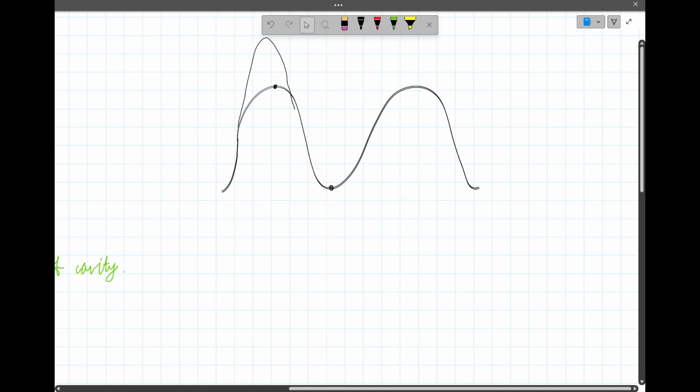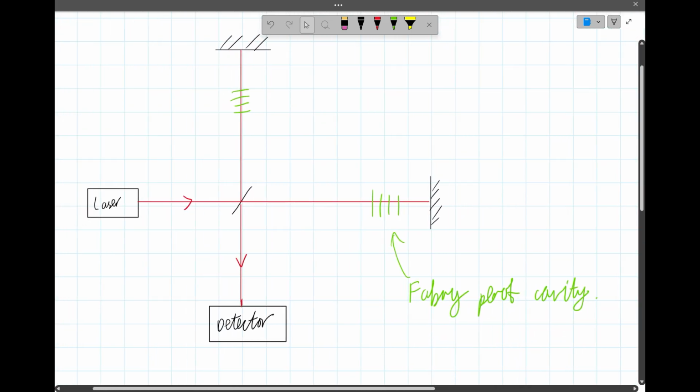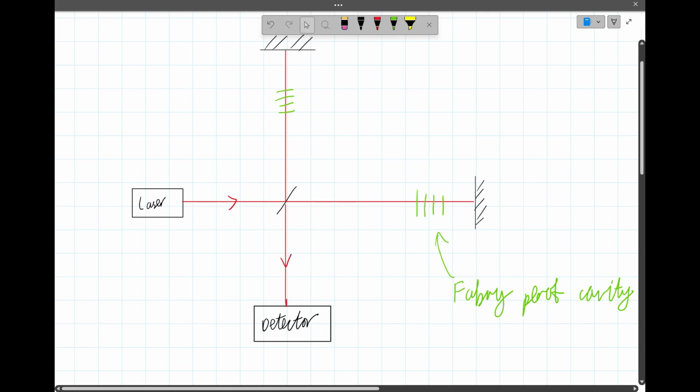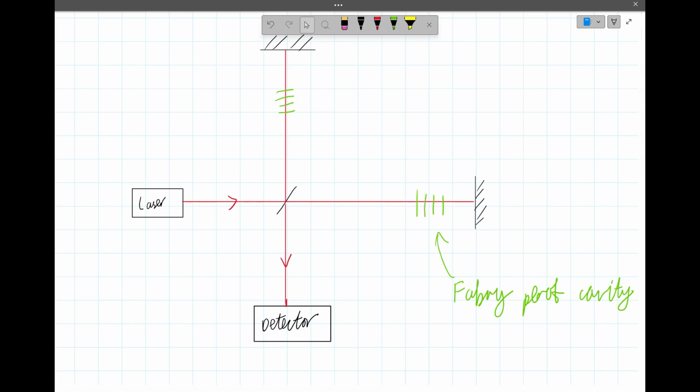This is called constructive interference, and that is what the detector would detect: a constant and very bright brightness.